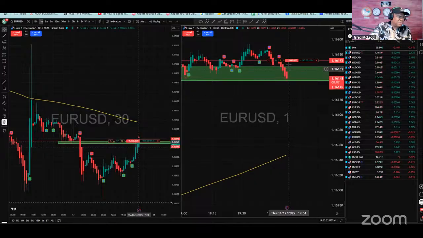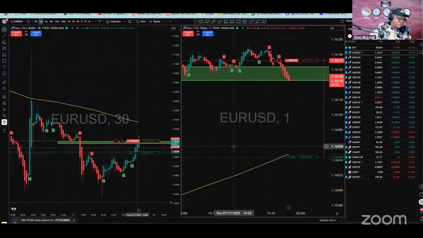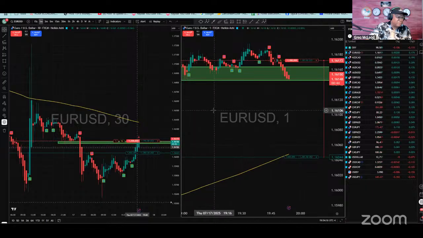All right, the 200 simple moving average looks like a good, tasty little target there. Coming up out of the zone. Okay.